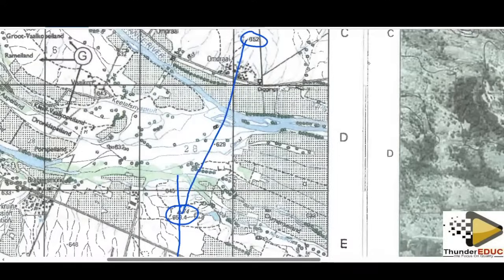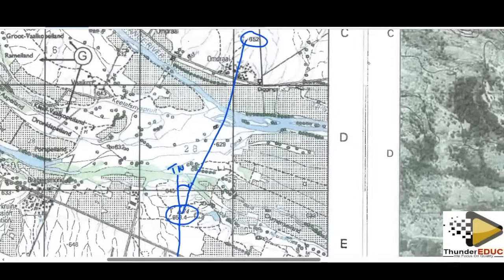So it means you need to find a true bearing. This is our true north here. So you need to use a protractor. You place a protractor at the north-south line, then you read clockwise from the true north to the line that is joining the spot height and the trig beacon.